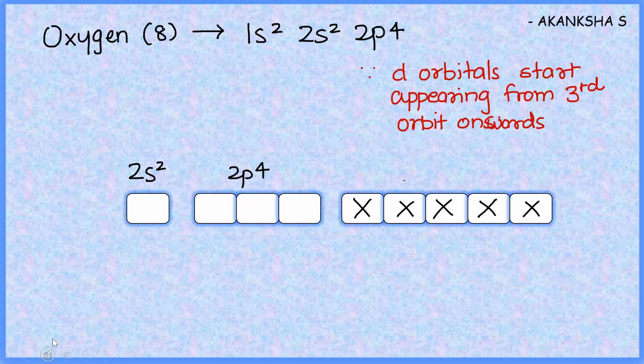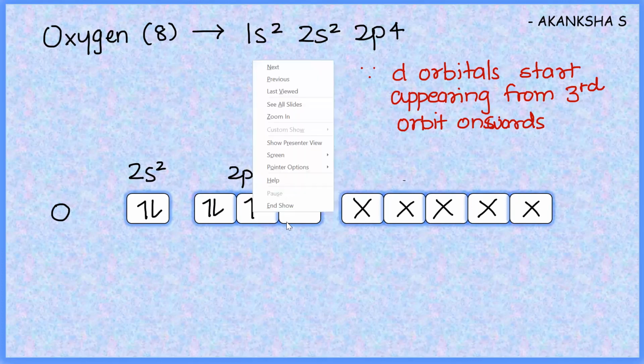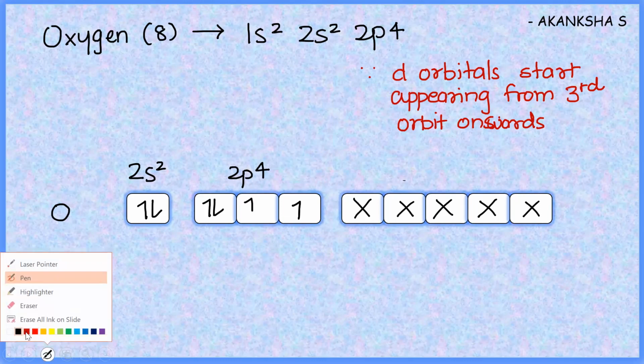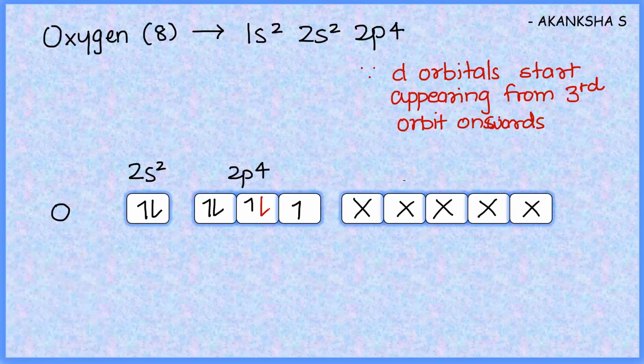Okay. So let's see how oxygen will differ. Oxygen has 2s2, 2p4. Correct? So what can happen? Two electrons can come in. Oxygen will get a charge of -2.